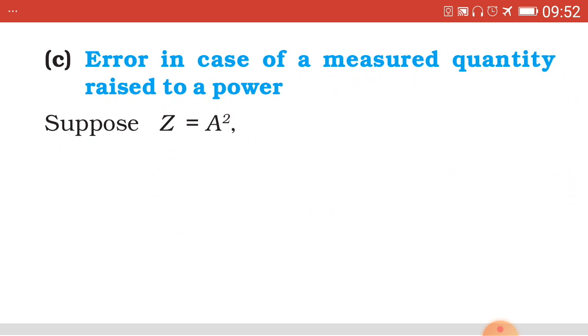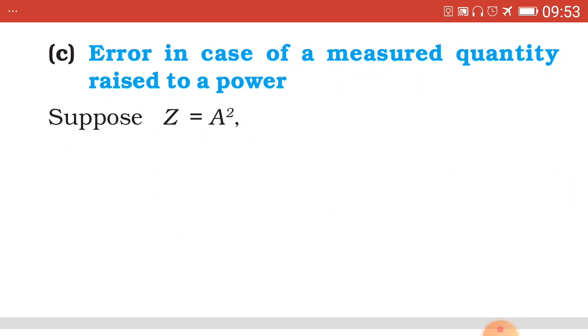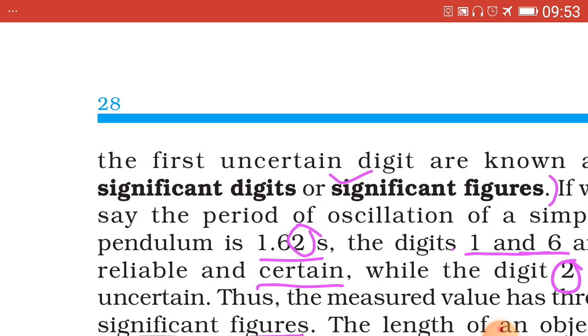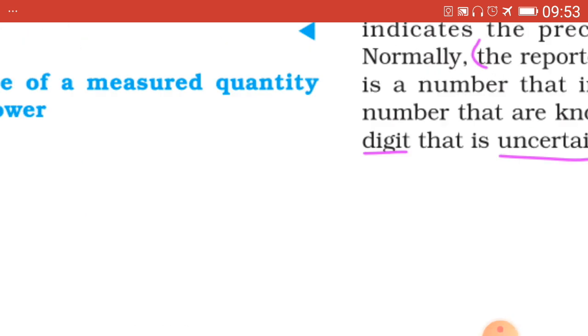Error in case of a measured quantity raised to a power. Raised to a power means exponent. Suppose z equal to a square.